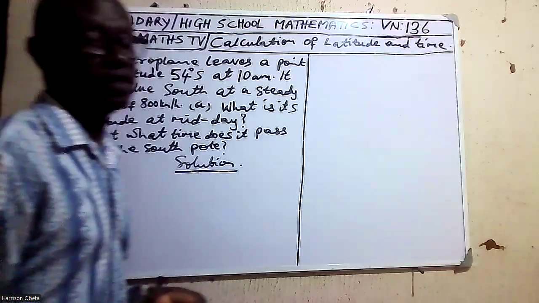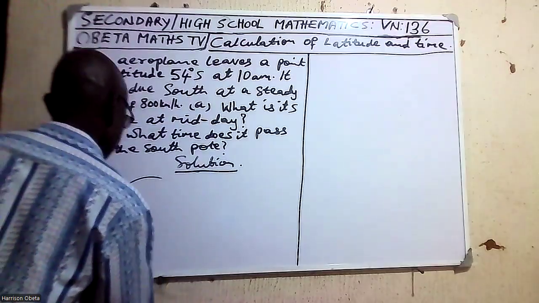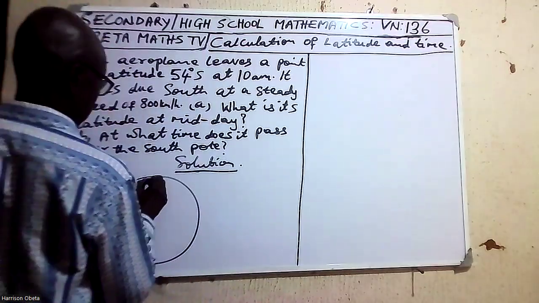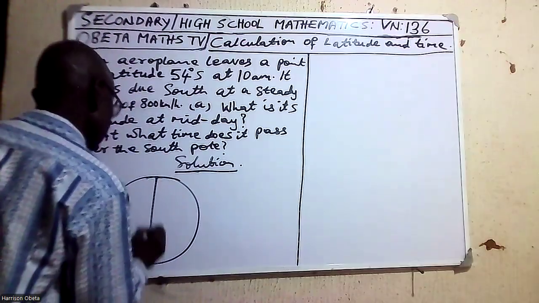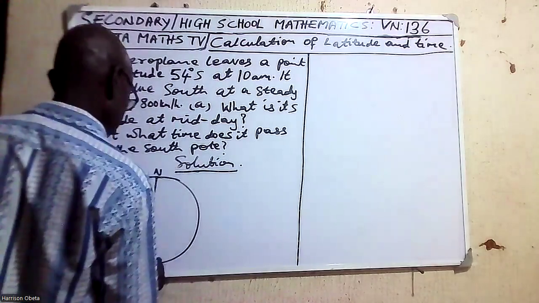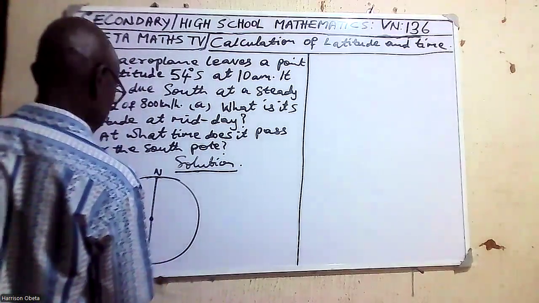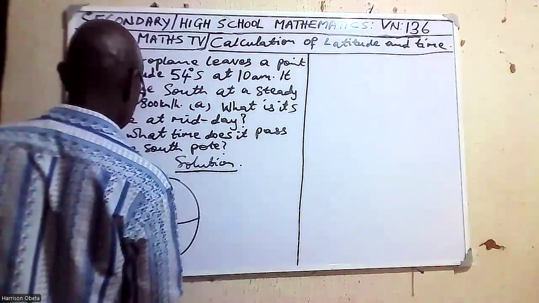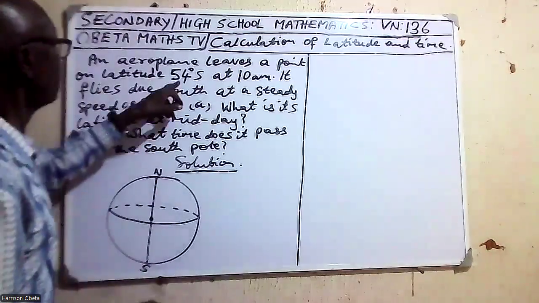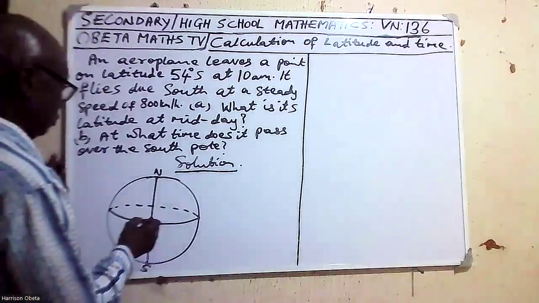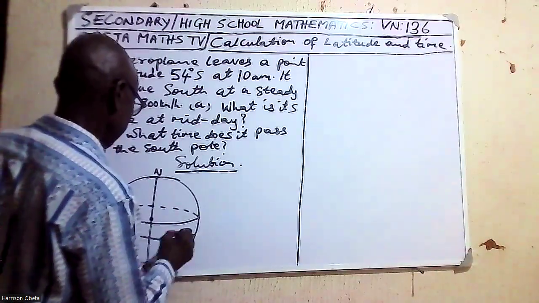So as usual, the first thing is to draw the globe. Then we locate the point 54 degrees south.